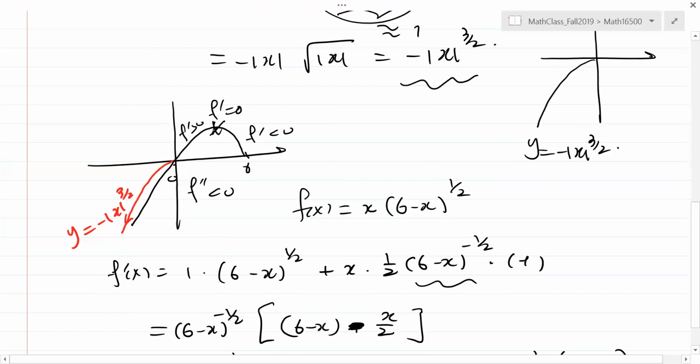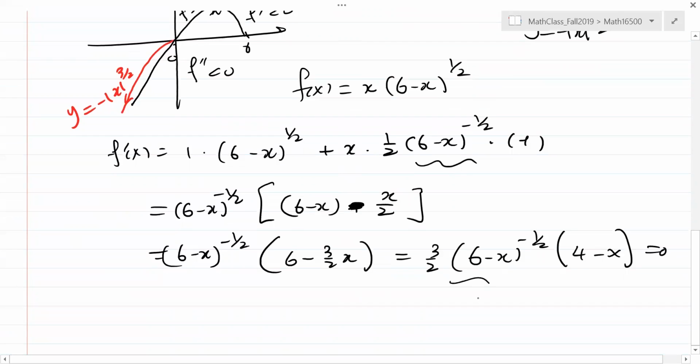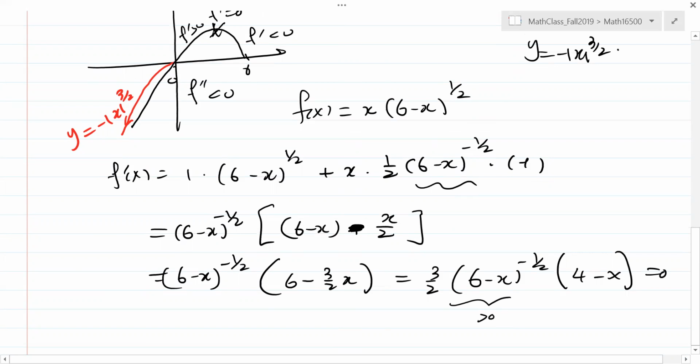So I find the first derivative and set it to be 0. After simplifying, sometimes I needed to know the sign. This part is always positive when x is less than 6. But this part, 4 minus x, can be negative or positive.